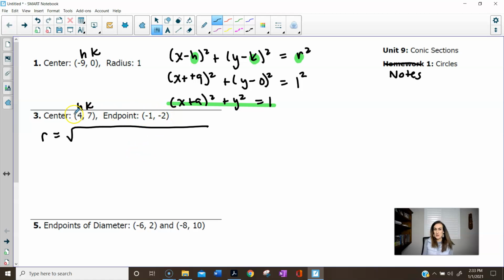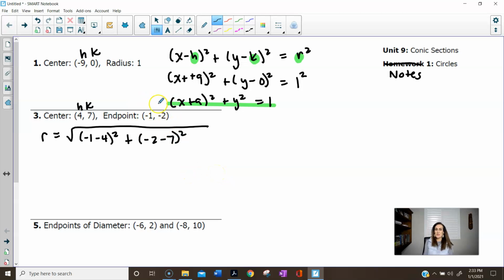So again, you subtract your x values. So -1 subtract 4 squared. And then make sure you start with the same point again. So start with -2 subtract 7 squared. If you put the 7 first, you would end up missing it. It would be wrong.